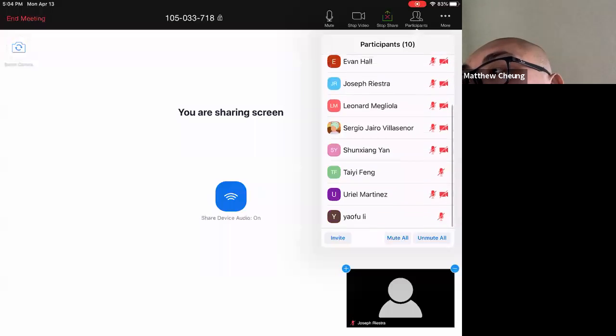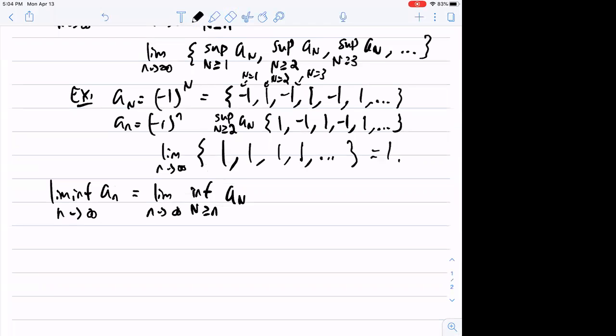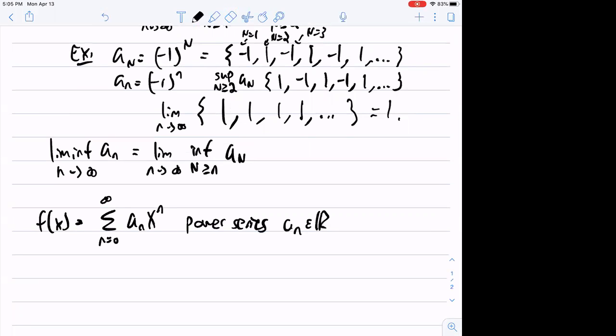Okay, not many people. So let's continue. Again, we'll define f(x) as some power series: the sum from n equals 0 to infinity of a_n x^n, where a_n are real numbers. So this is a power series centered at 0.